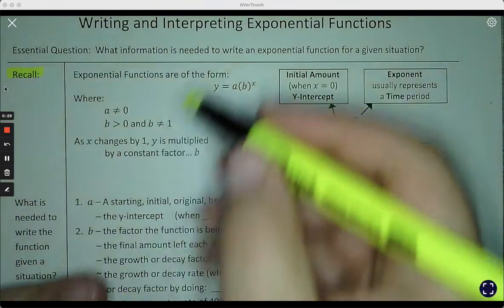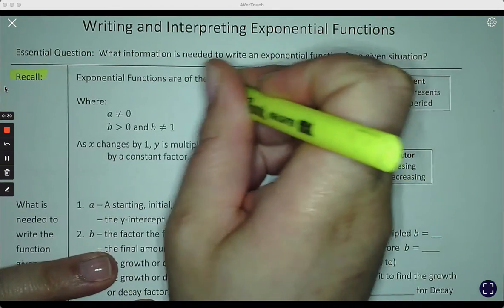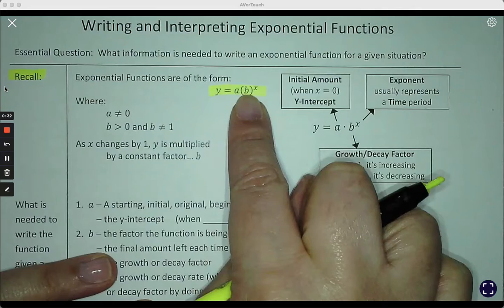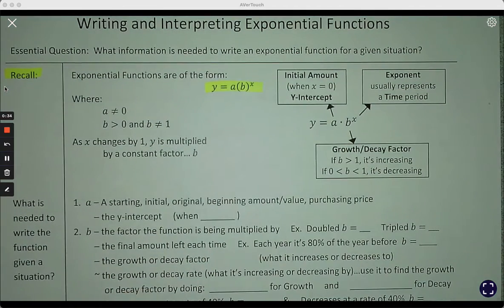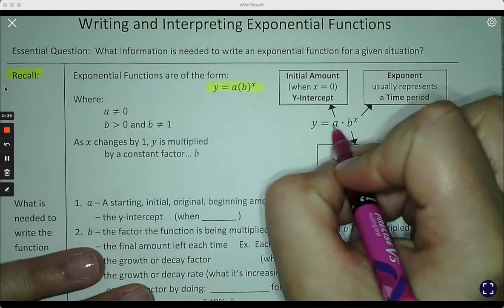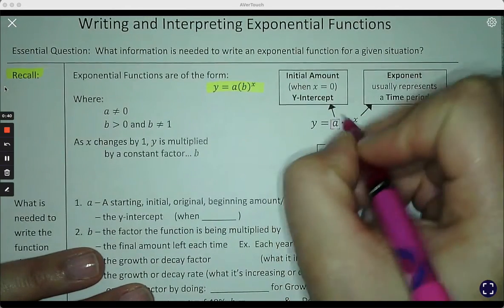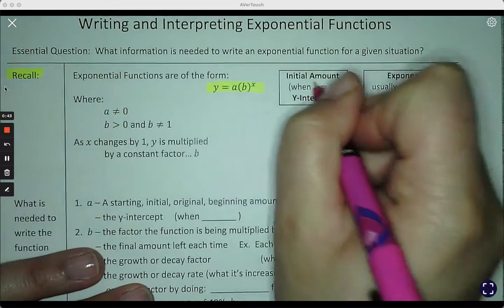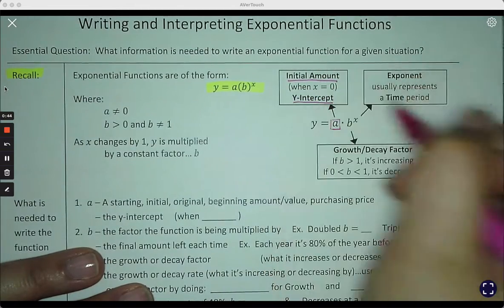Exponential functions are in the form a times b to the x power. So what this means is that we have an initial amount here. So this is our y-intercept where we cross the y-axis.